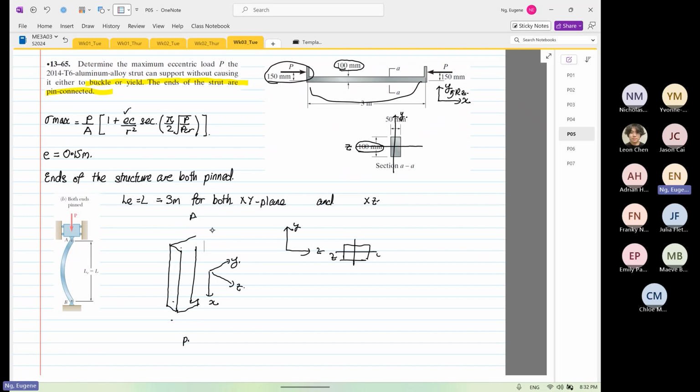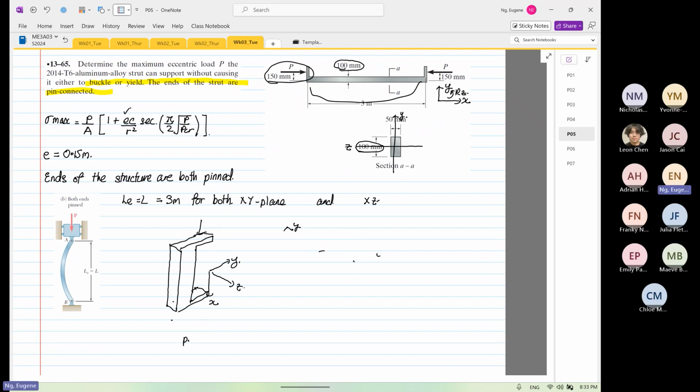I mean, if I were to draw the ends, you can extend the ends further out. Okay. Right.